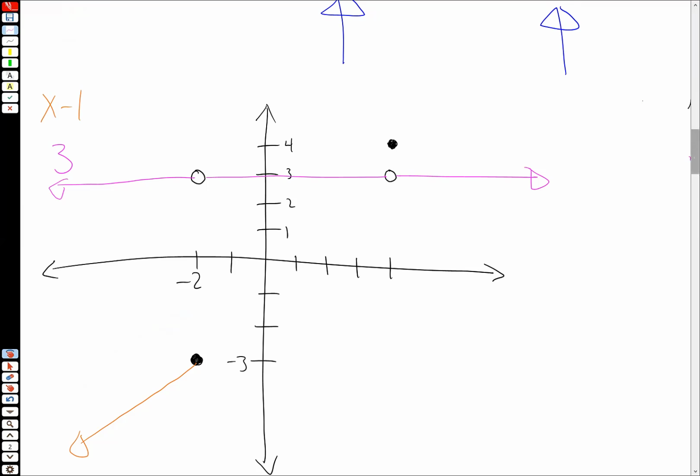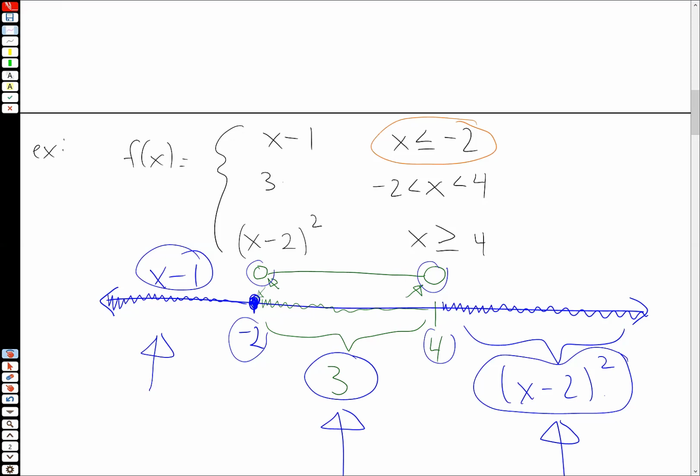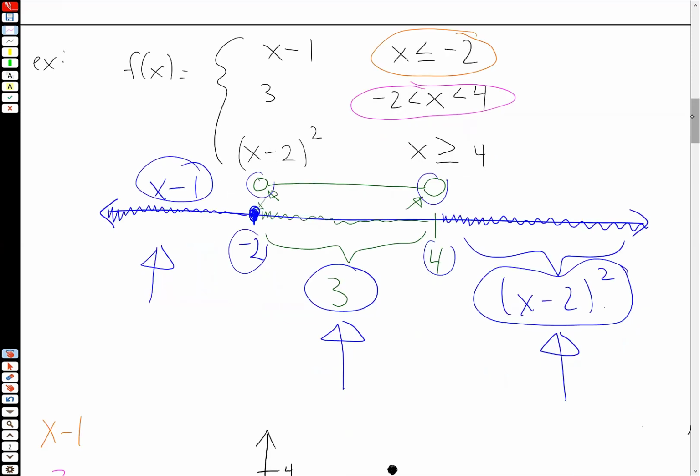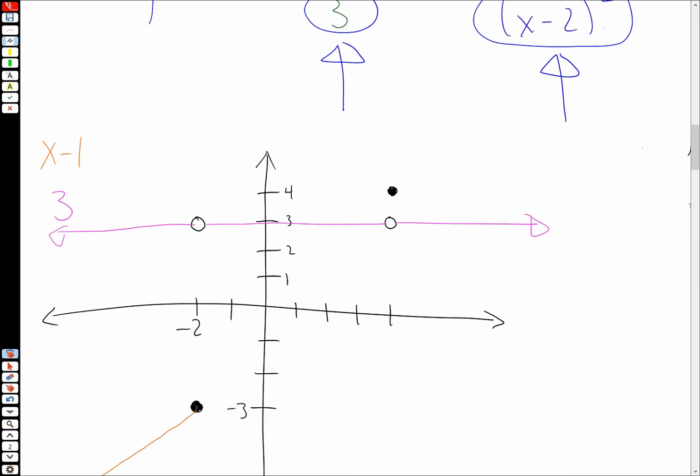We're only taking 3 when x is between minus 2 and 4. So I'm going to erase everything outside of that. Here, let me mark on our x-axis: here's minus 2 and here's 4. I'm going to erase everything to the right of 4 and everything to the left of minus 2.